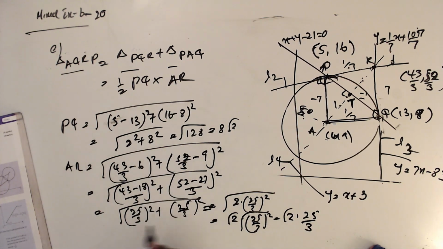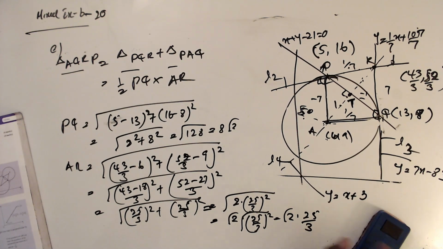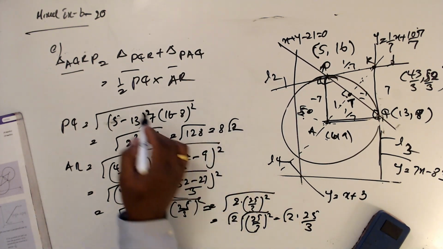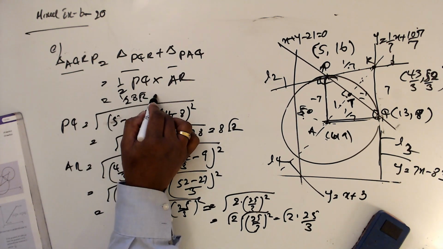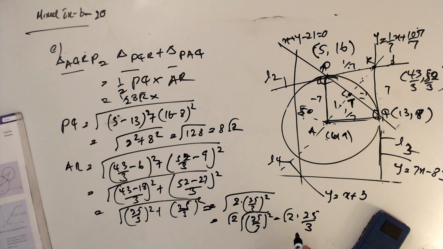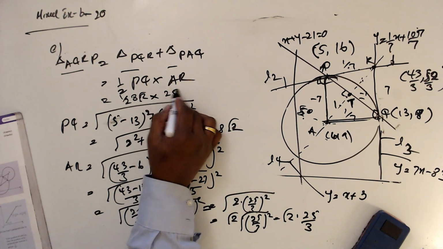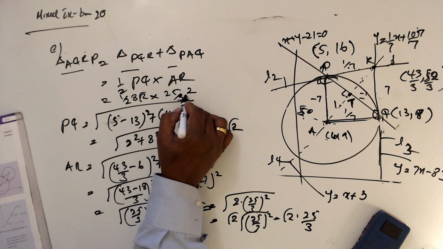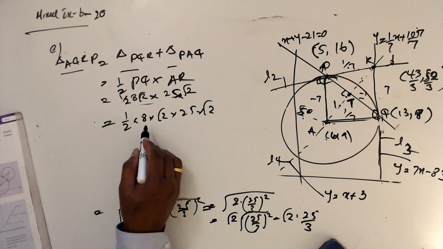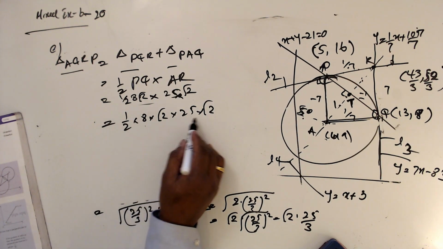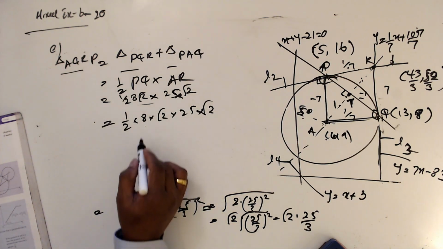Now I want to multiply those two together. Half of PQ means 4 square root 2, and this is 25 over 3 square root 2. Half times 8 times square root 2 times 25 square root 2.